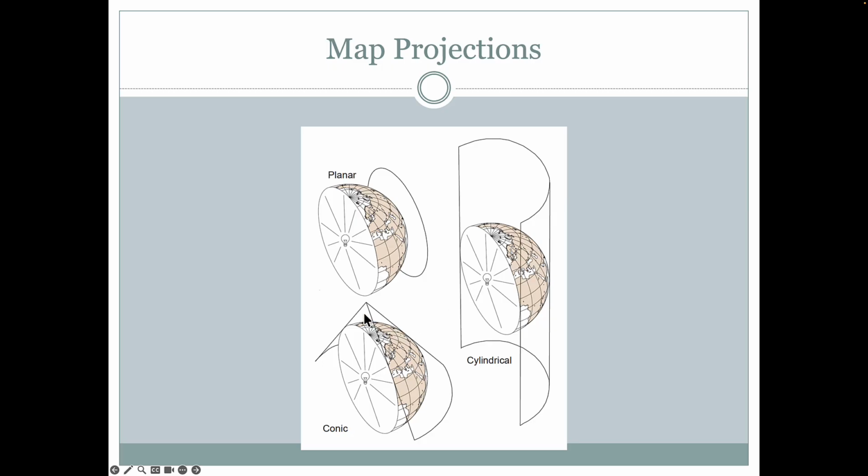We can place it over the North Pole or the South Pole, in this case the North Pole. The cone is going to touch the Earth in a certain place, but regardless, the light is going to take all that information on half of a globe and project it onto a cone, and then we can flatten that cone out into a flat piece of paper. All three of those are examples of how map projections work.